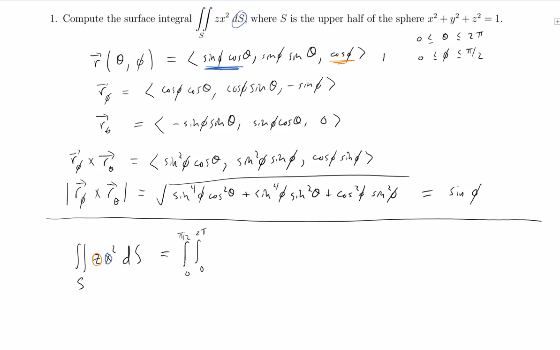So z is cosine phi, and x squared is sine squared phi cosine squared of theta. And the order that we wrote the integrals, this needs to be d theta d phi. Or we could do it in the other order and just swap the two integrals. Either way is fine.